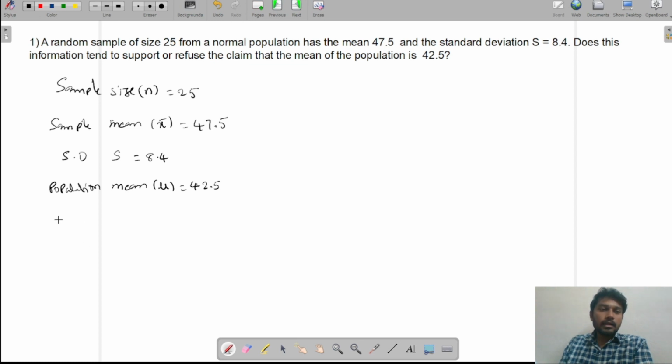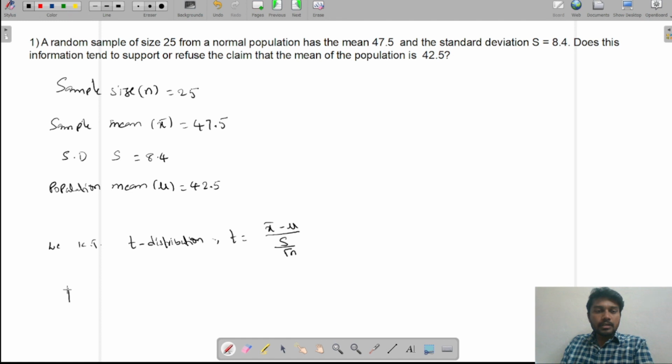For that I'm using the formula of the t distribution. So we know that t equals x bar minus nu by s by root n is the formula.